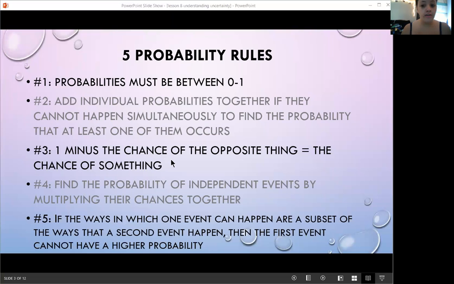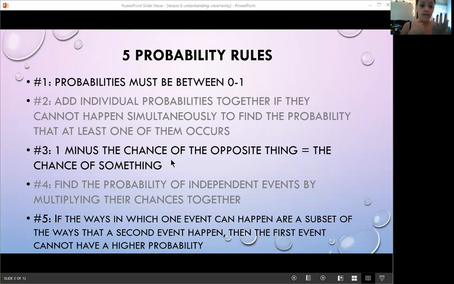Our third probability rule is that if you're trying to find the chance of something happening, you take 1 minus the chance of the opposite thing. It sounds a little confusing, but basically if you have something happening and the other thing happening, remember it all has to add up to 1. So whatever these two things are, together they're going to equal 1.